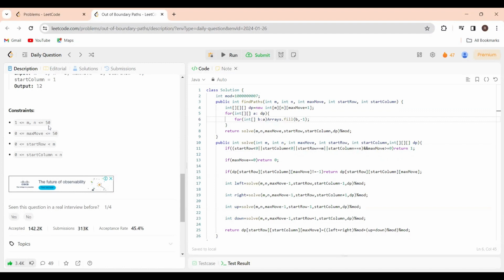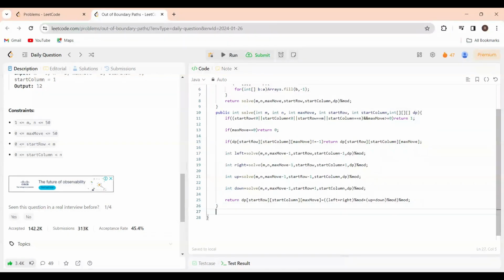What will be the time complexity here? m, n and max move can be the same, so at the worst case, the time complexity will be big O of m into n into max move. This will be the time complexity, and the space complexity will also be the same here, big O of m into n into maximum. So this is the time complexity and space complexity.